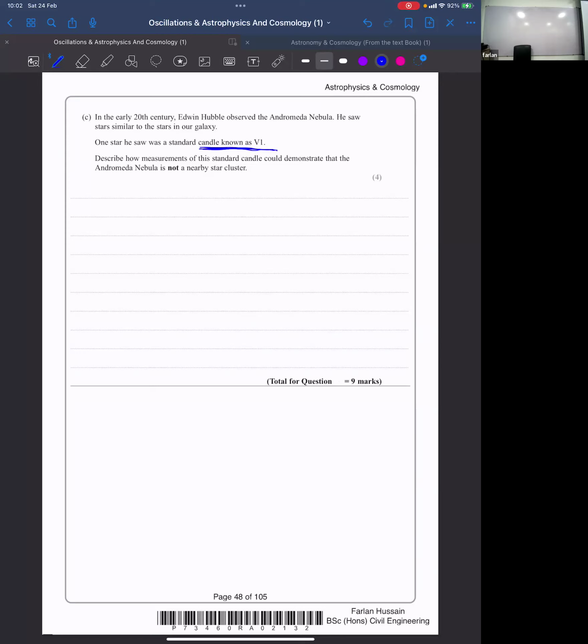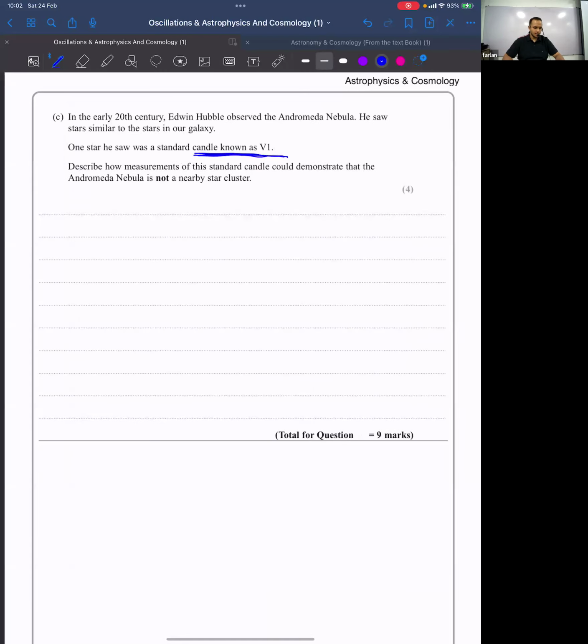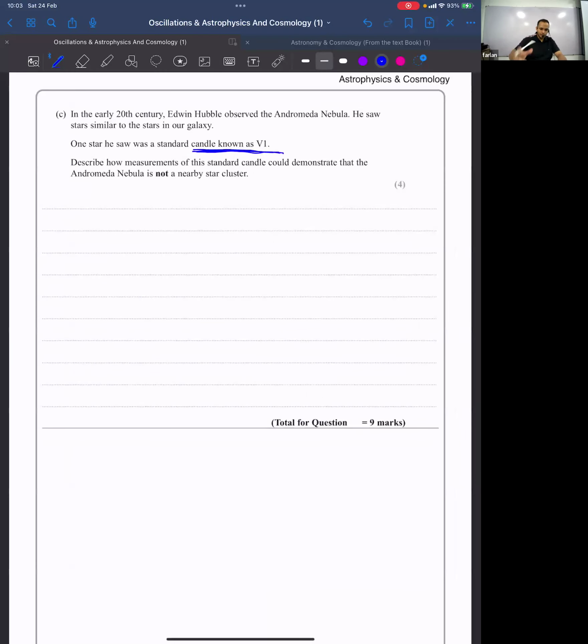Okay, guys. It's a simple question. There's nothing to measure, it's known. The question says, in the early 20th century, Edwin Hubble observed the Andromeda Nebula.